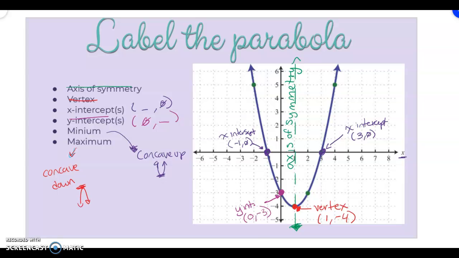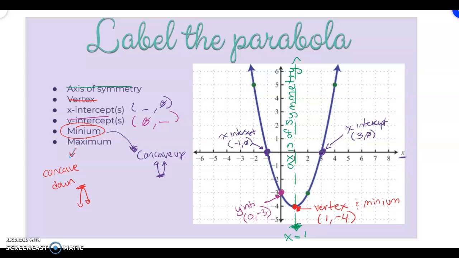So in this case, I have a minimum, I don't have a maximum. And our minimum is going to be right there. Oh, our axis of symmetry, I forgot to label, is x equals 1. Sweet. All right, let's move on.